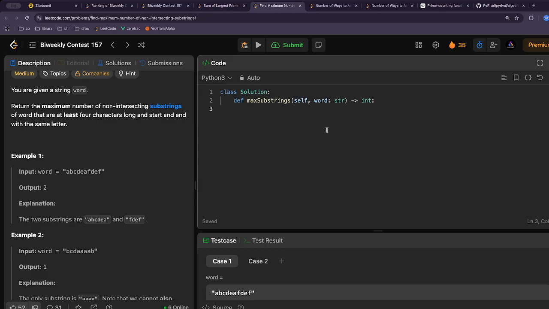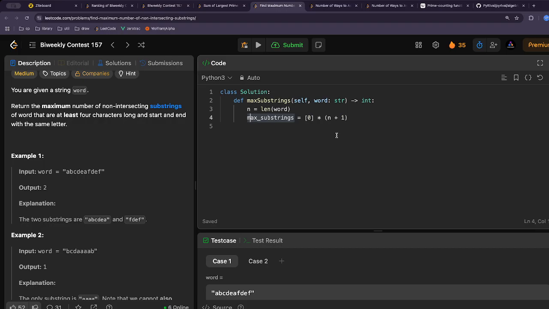So we want to calculate the max substrings starting from every position, including position n, which is the empty string.